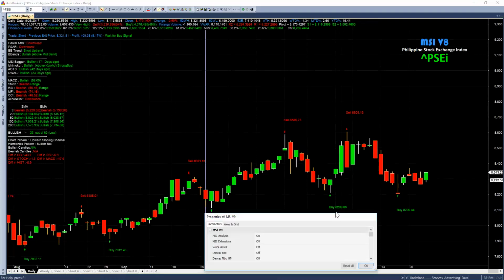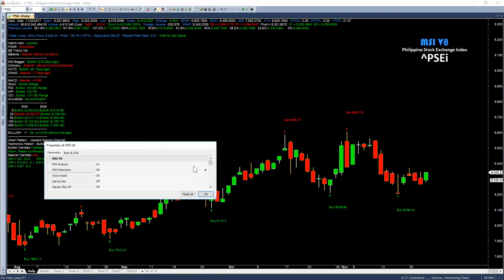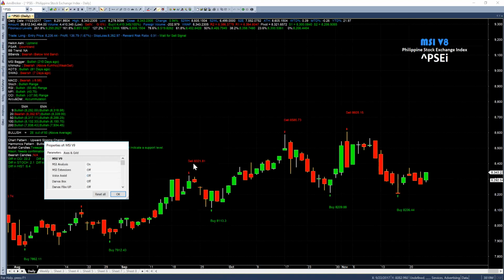Okay? So, bali yung MSI signal, which is your buy and sell signals, late siya ng 1 day kasi kailangan niya ng confirmation ng second candle. So, as long as hindi ma-break yung price ng buy signal, kikip niya yung buy signal na to.